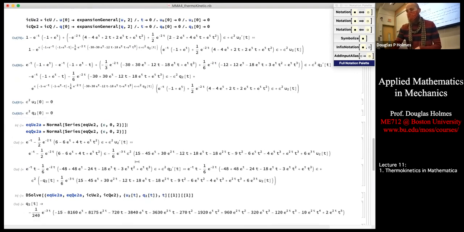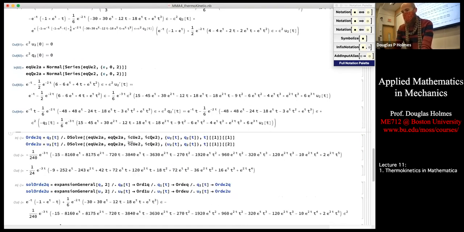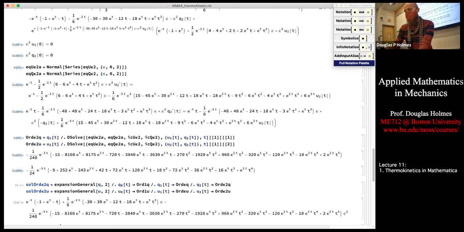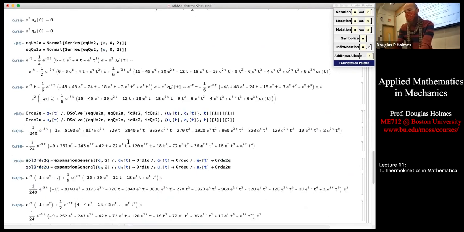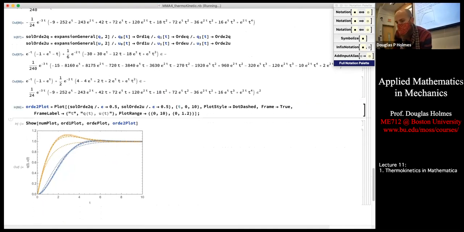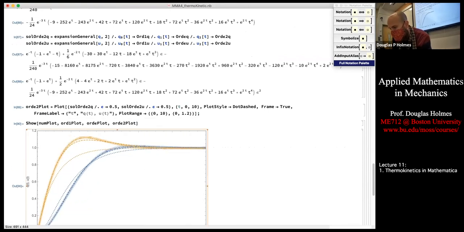I can truncate this thing. I can solve for my Q2 and U2, and I can insert these in. You end up with something that's really awful, but the reason I'm doing this is just to confirm what you would probably suspect, which is if I plot this now, I can see this line here, which is a dash dot, really sitting on, I'm going to make this huge so everyone can see it.